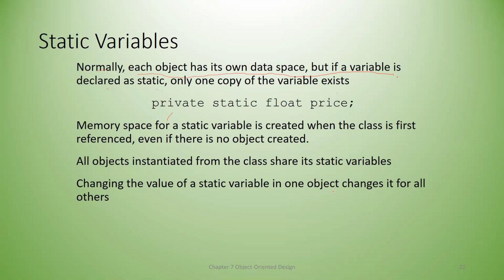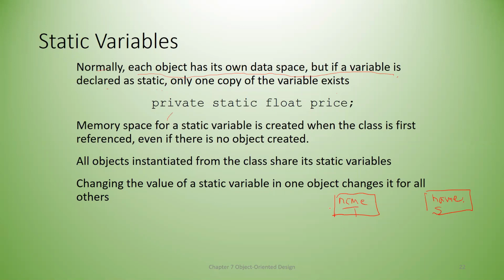It's like this: if you have a student class, and you have two objects now, object A and object B. For A, you have a name, and for B, you also have a name. So they occupy two different spaces, this name is S, and this name is T, for example.